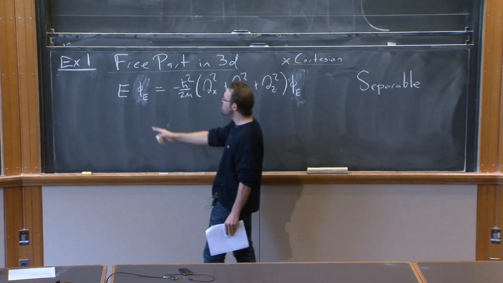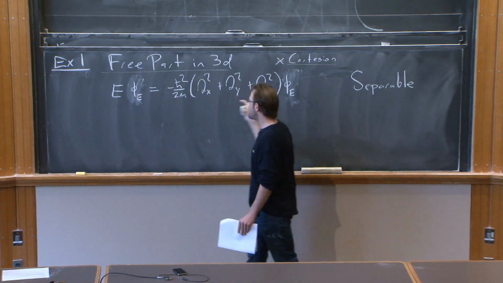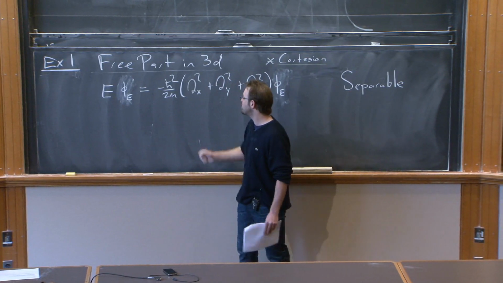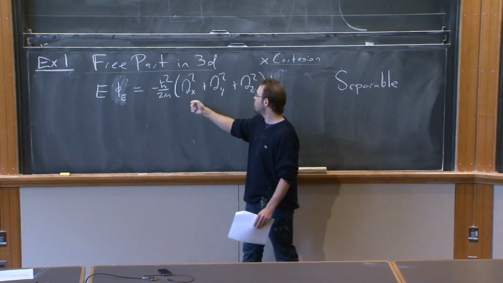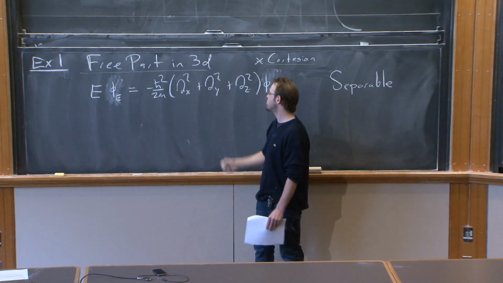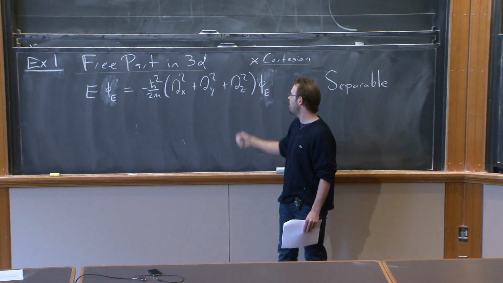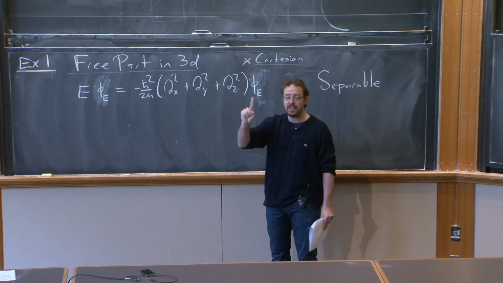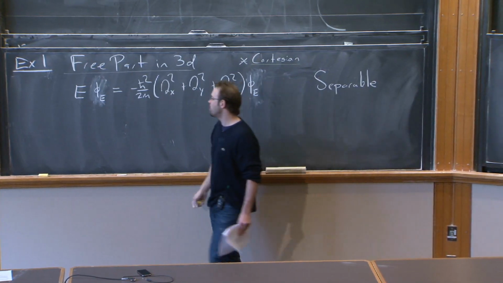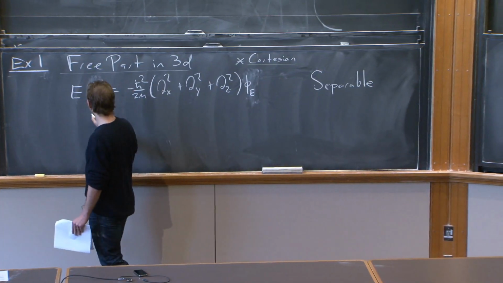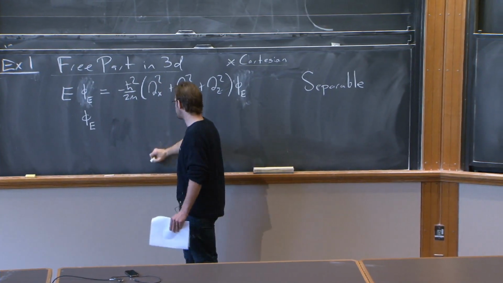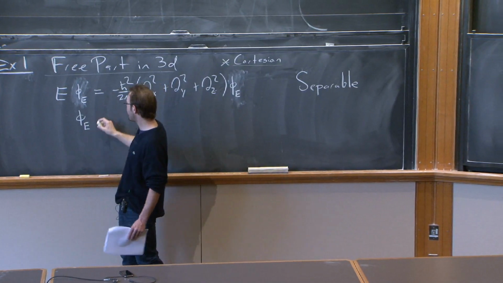I just observe that this differential equation can be written as a sum of terms where there's a differential operator with respect to only one variable, and another differential operator with respect to only one variable, added together. And when you see that, you can separate. And here's what I mean by separate. I'm not going to say that this is a general solution. I'm just going to try to construct a set of solutions of the following form.